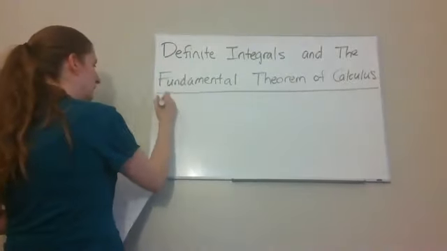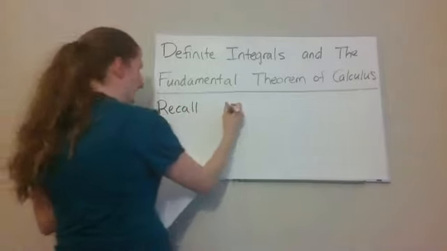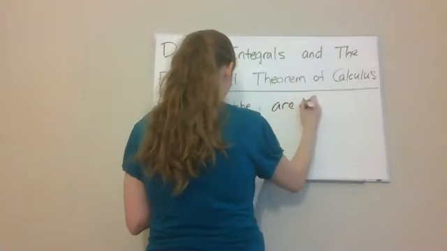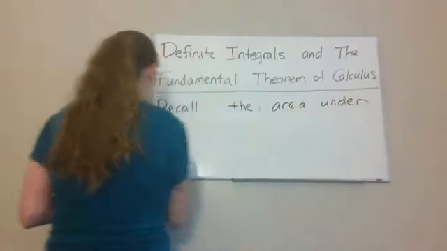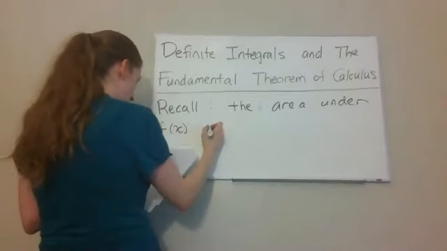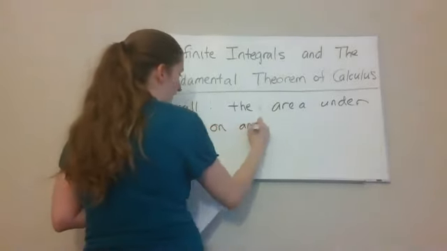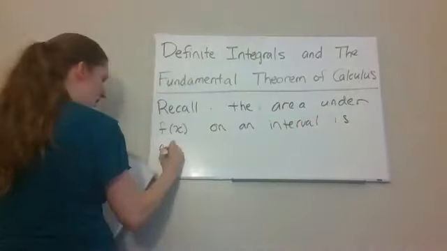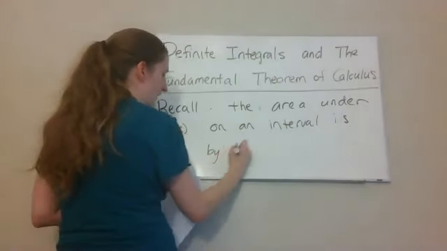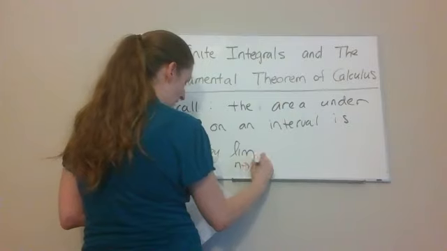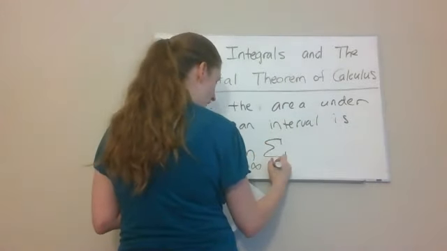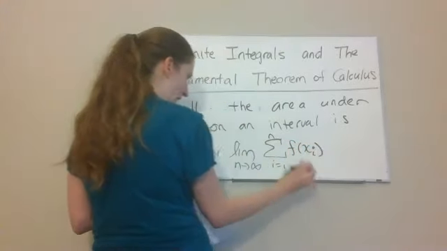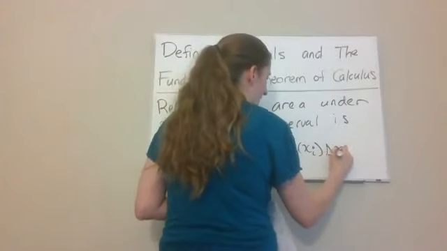So recall that we had the area under a function f of x on an interval was given by the limit as n goes to infinity of the sum from 1 to n of our function with some values xi plugged into them times delta x.